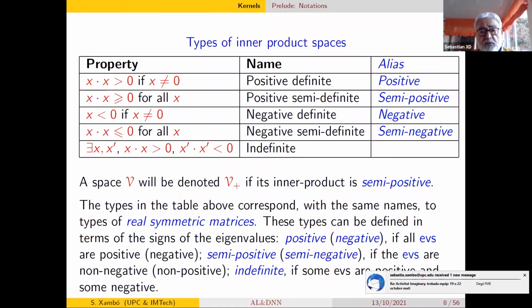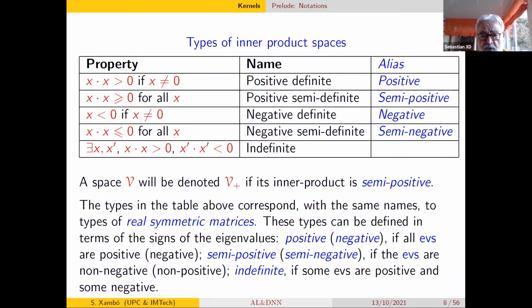Well, types of inner product spaces. I think this is very simple, but it's worth paying attention to it. If x dot x is positive for any x different from 0, then you say that the space, or the quadratic form, is positive definite. As alias, I usually will say positive. If x dot x is greater or equal than 0 for all x, then it is said to be positive semi-definite, and in my parlance, semi-positive.